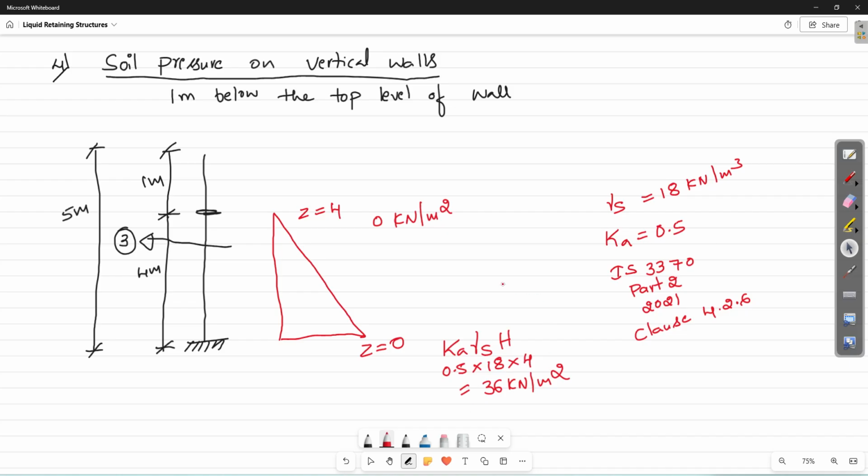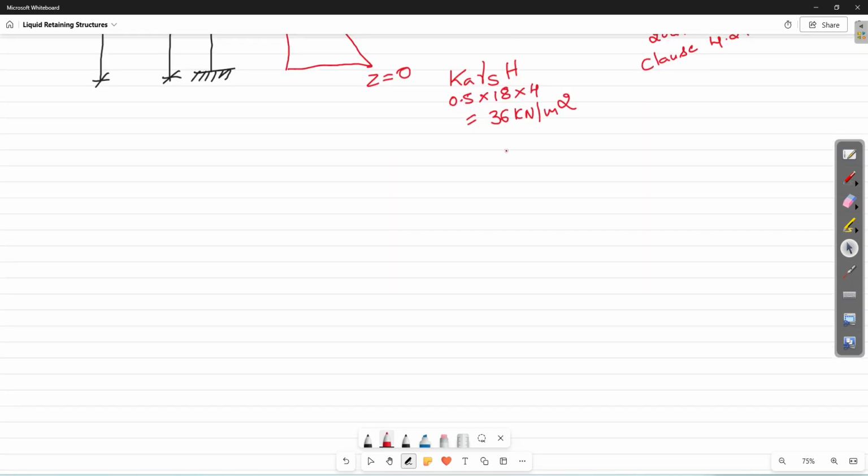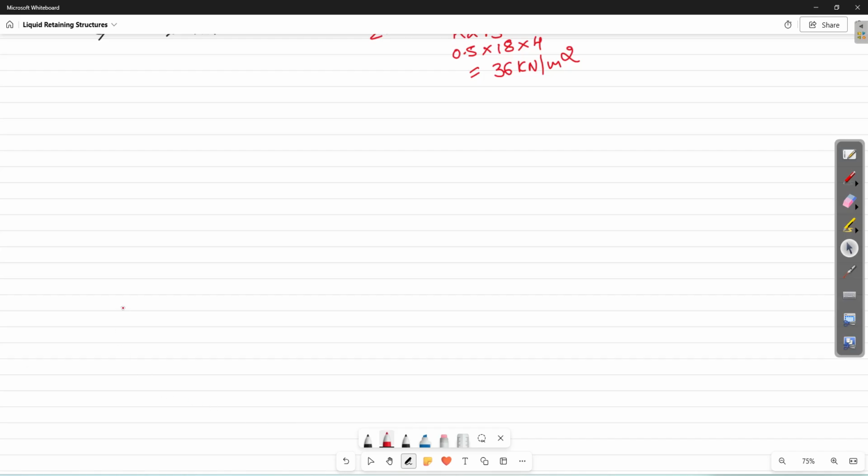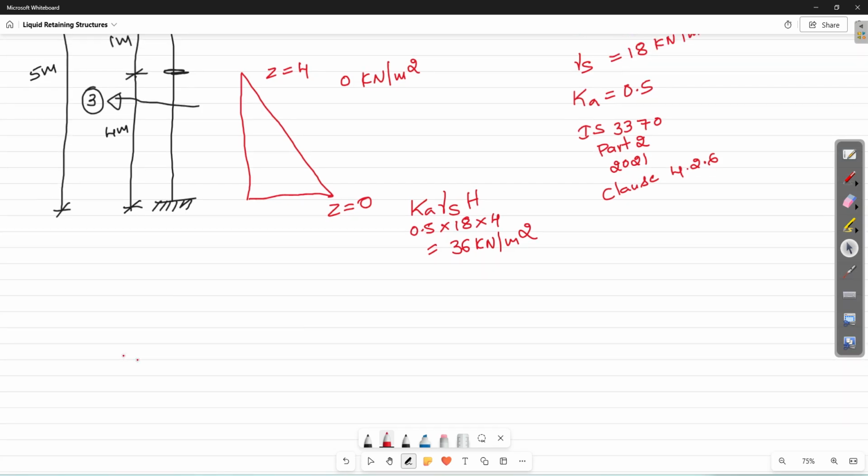Again you need to calculate C and D values. So what are the conditions that I can write? So first condition is when Z equals 0, our soil pressure will be 36 kilonewton per meter square. So when Z equals 4, your soil pressure is 0 kilonewton per meter square.